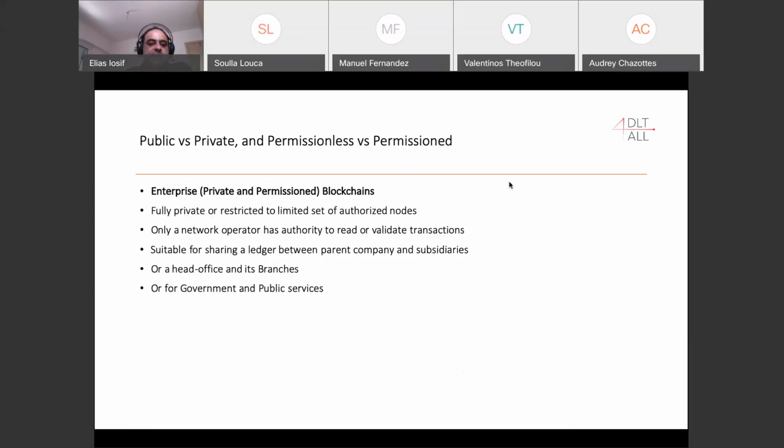So this is a list that can be used as a short guideline about the selection of the appropriate blockchain. And the question is public or private, permissionless or permissioned, or something in between.